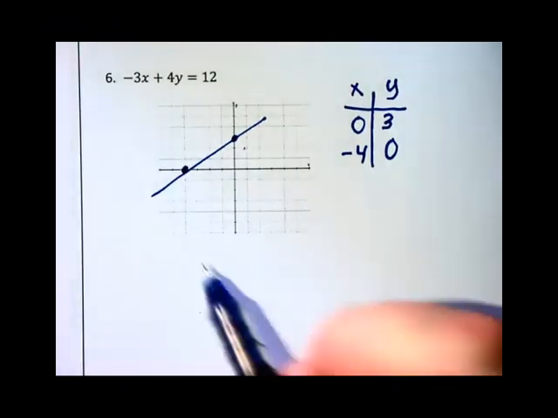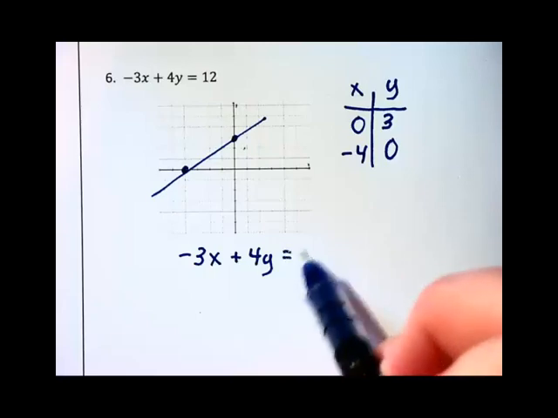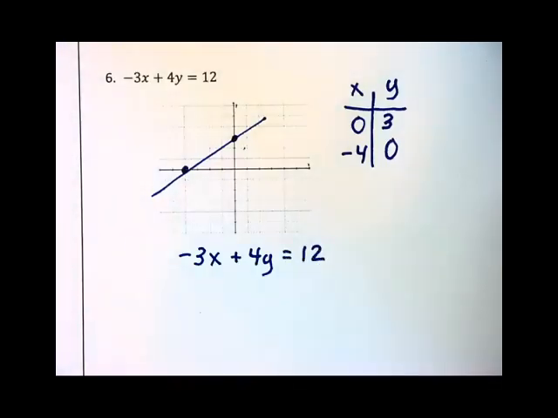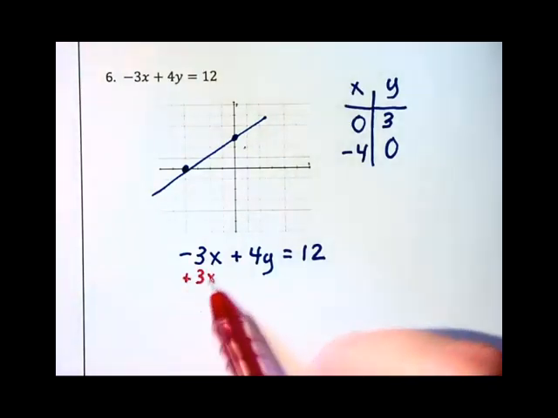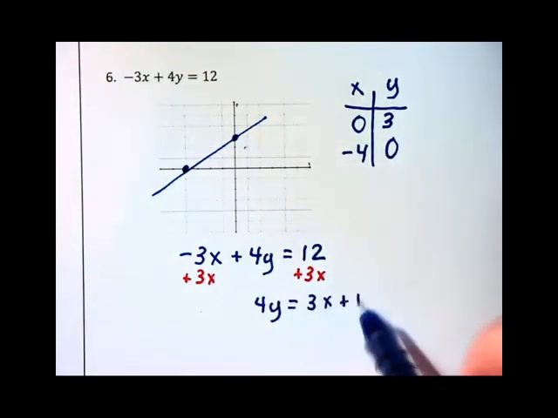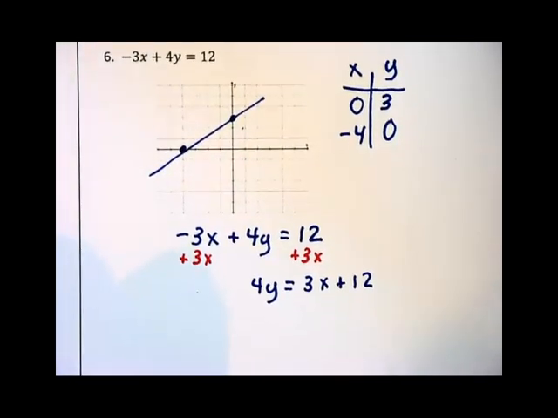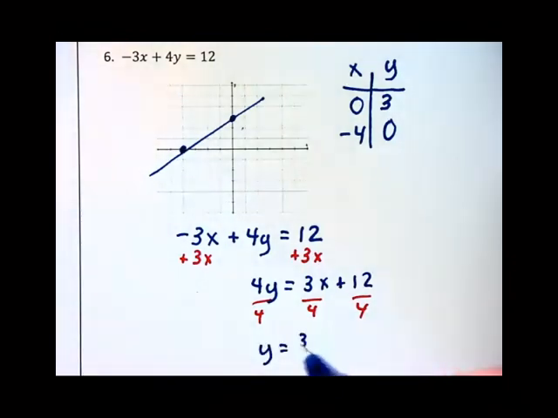Now, if you really insisted upon going with the slope-intercept method, let's see what would happen. We would solve this equation for y, beginning by adding 3x to each side of the equation. That would give us 4y equals 3x plus 12, and then dividing each side by 4, we would then have y equals 3/4 x plus 3.